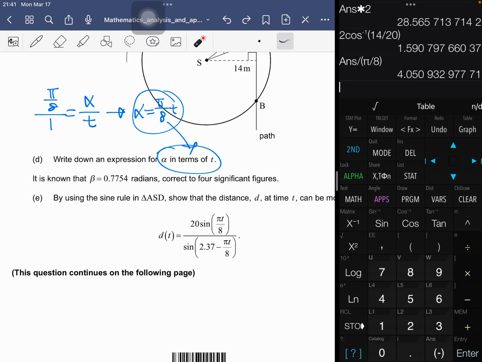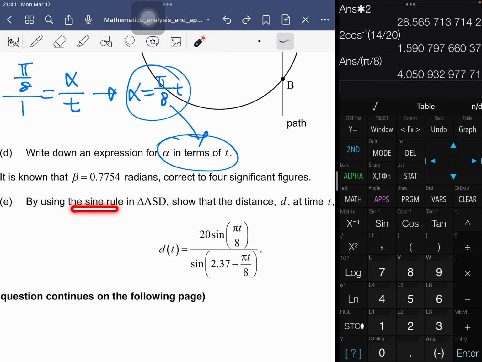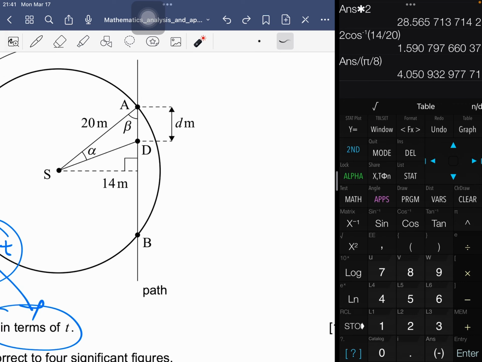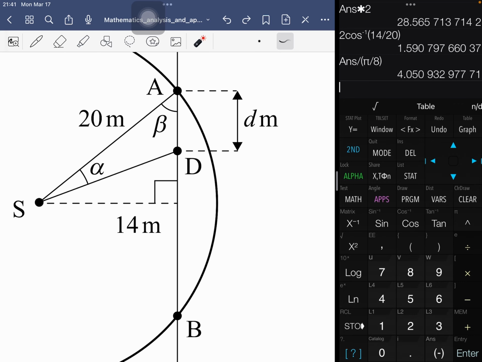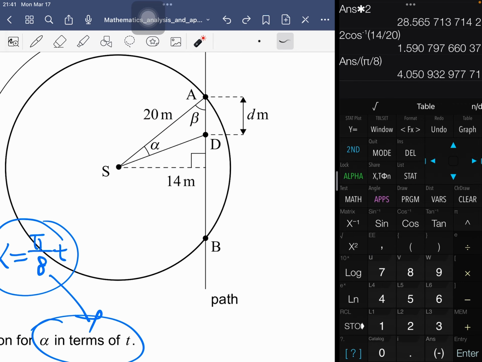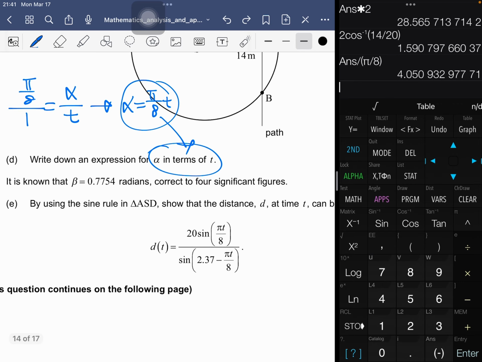It says to use the sine rule of triangle ASD. This is the d distance, so we have sine alpha and the d distance, and this angle and this distance. So we can apply the sine rule. How?